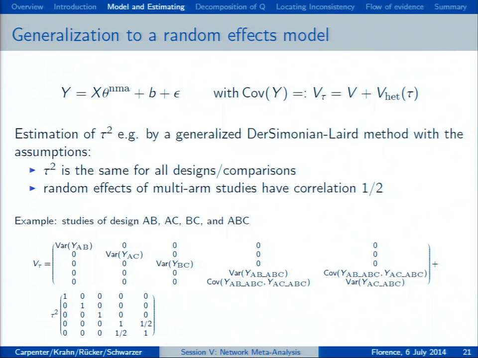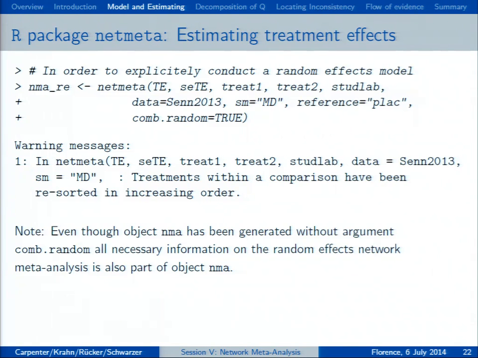We have here a block on this diagonal for the multi-arm study, and in addition we have here the covariance matrix of the random effects, which contains the assumption of the correlation of random effects of 1/2. How can we conduct this with the netmeta function? We have to specify the argument random equal to TRUE.